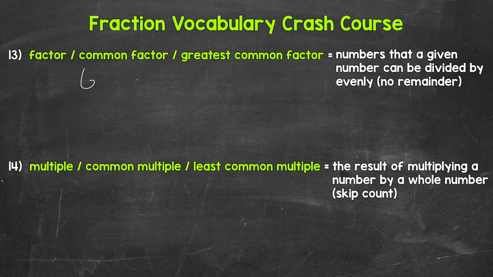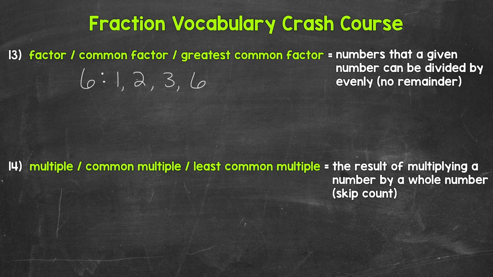For example, the factors of 6 are 1, 2, 3, and 6. We can divide 6 by all of those numbers without getting a remainder. In other words, all of those numbers go into 6 evenly.